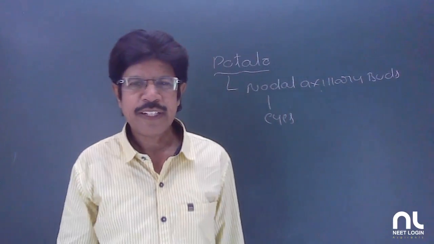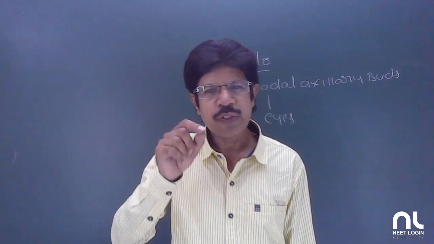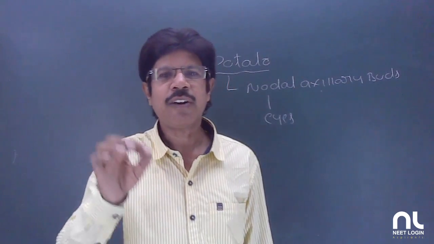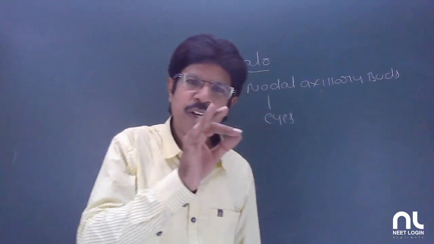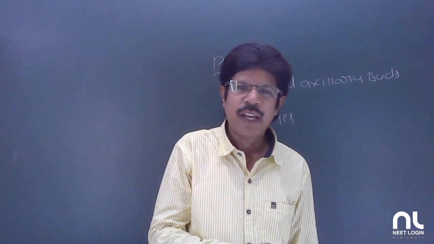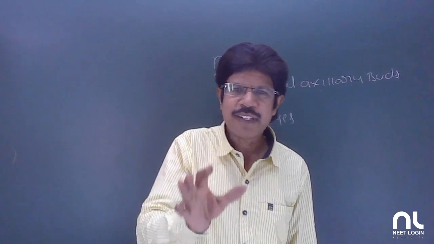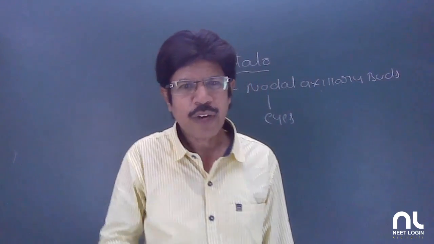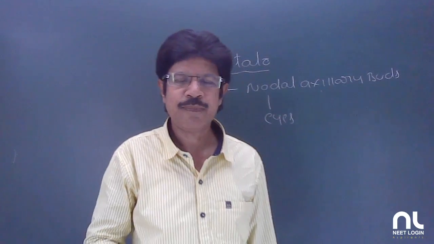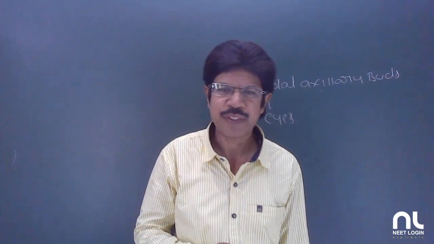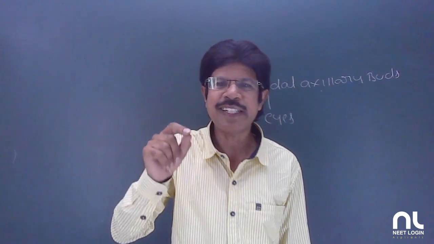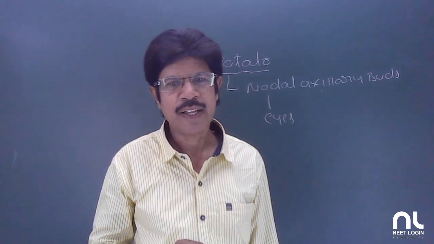And in case of Eichhornia. The Eichhornia was introduced into India as an aquatic ornamental plant because of the beautiful leaves and beautiful flowers and shapes of the leaves. The shapes of the leaves refers to pulvinous petiole. Pulvinous petiole is present in Eichhornia.